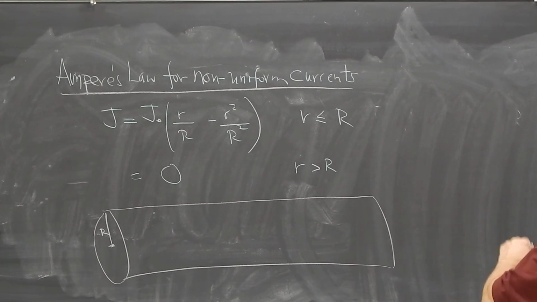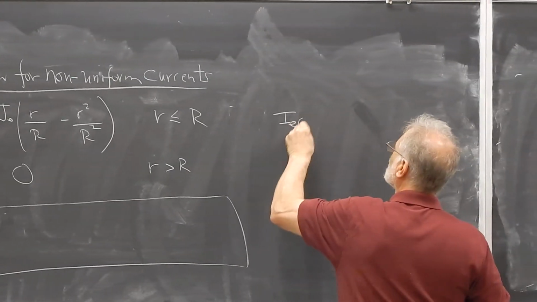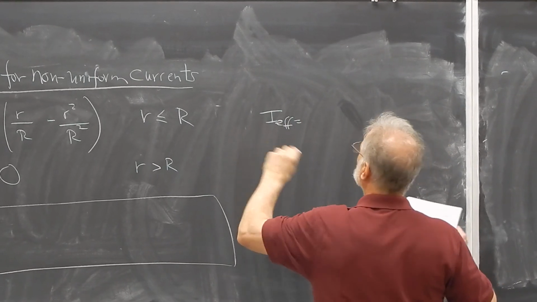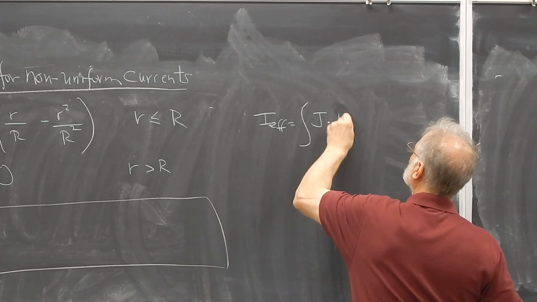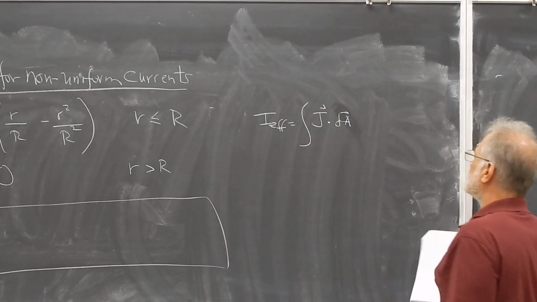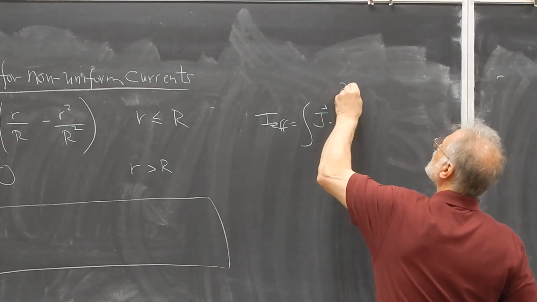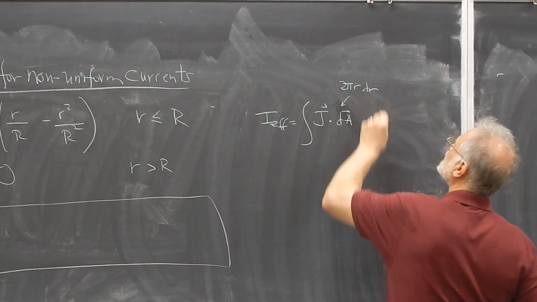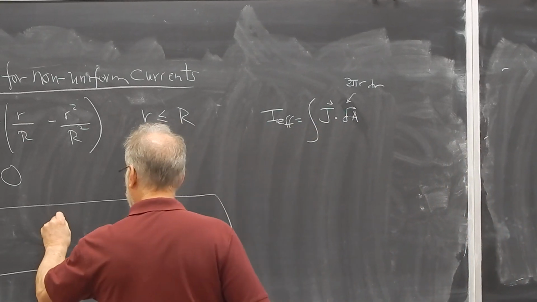First off, same process as before. My effective current is going to be equal to the integral of J dot dA. dA in the case of the cylinder, I'm just going to write as 2 pi r dr. And I'm again drawing my Amperian loop.